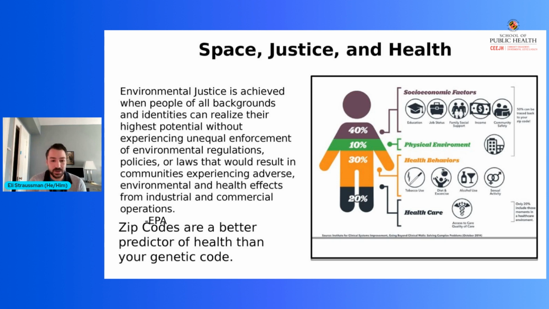But I think a good place to start is to dive a little bit into the reasoning behind using geographical methodology to track these environmental justice outcomes. As you can see in the quote at the bottom of the page, zip codes are generally a better predictor of your health than your genetic code.